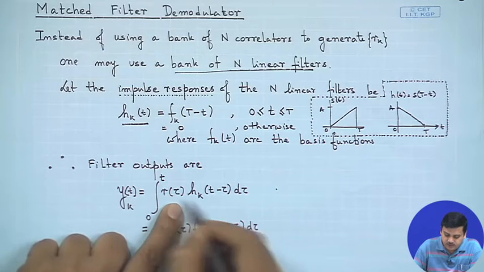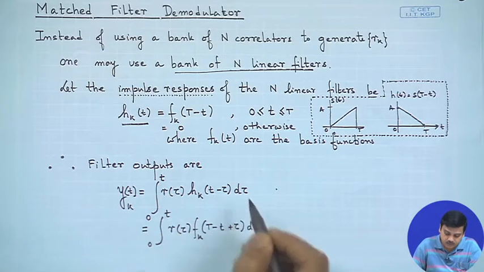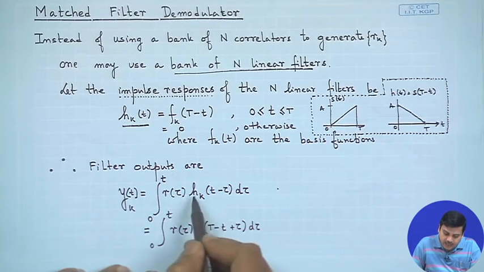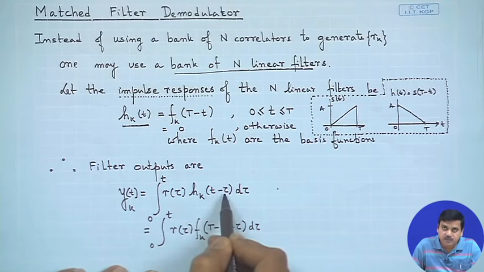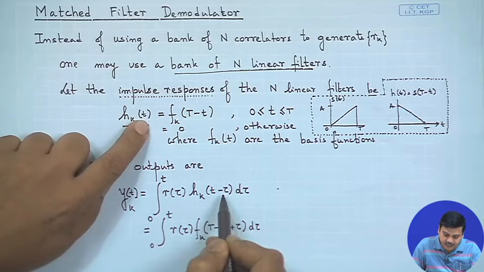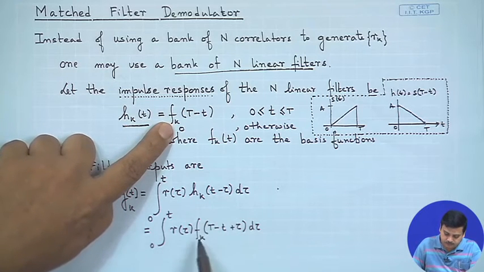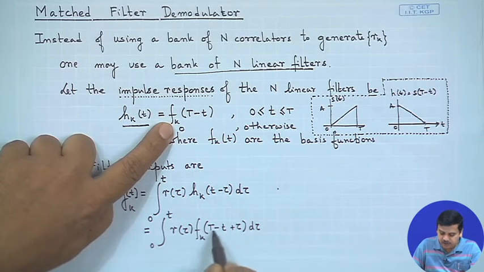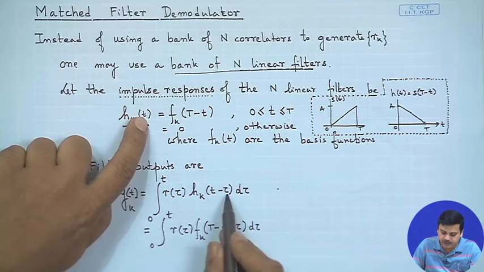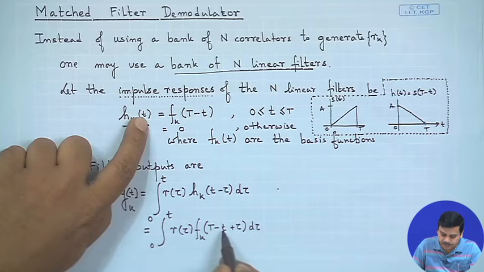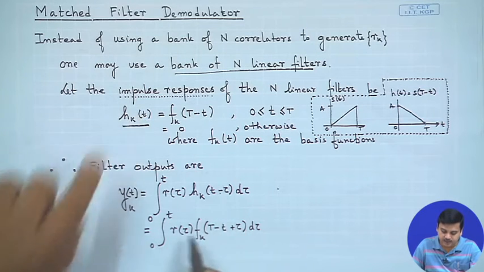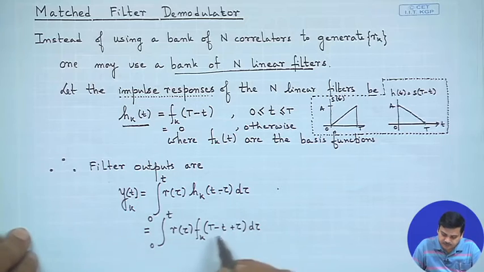That is the output of a filter, a convolution operation. So, h_k(t minus tau). We replace h_k(t minus tau) with f_k by definition. So, we have f_k(T minus t plus tau). You simply replace t by t minus tau, and because of the minus sign you get T minus t plus tau. This is the received signal.